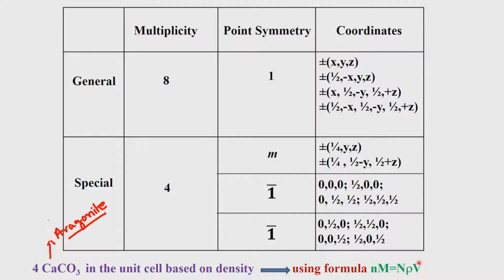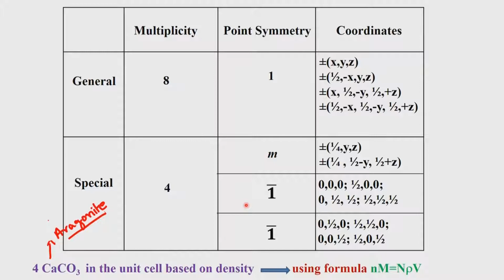The right hand side is evaluated and is divided by the value of m, which is the molecular weight, and that value will give us the value of n, and it turns out to be the value of n is 4. That means we have 4 calcium carbonate units in this unit cell. So, that knowledge is gained.